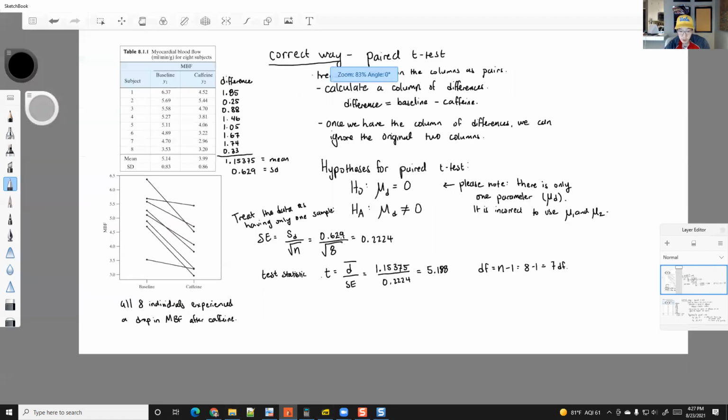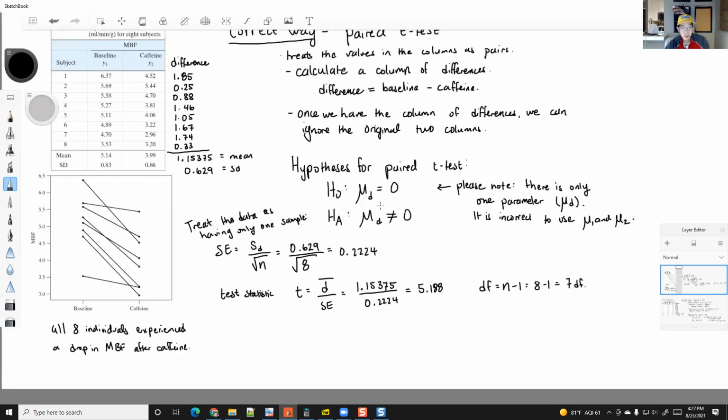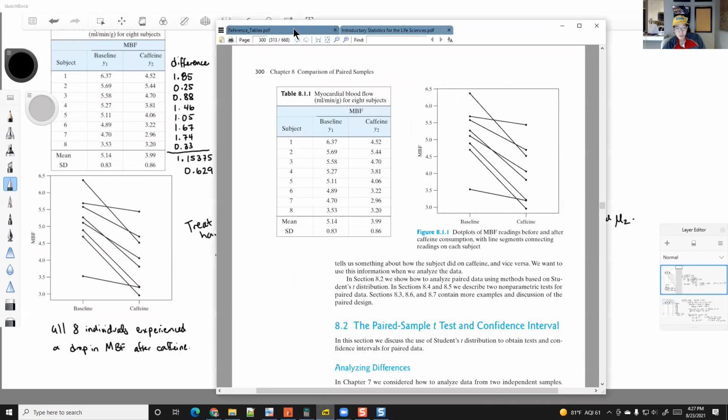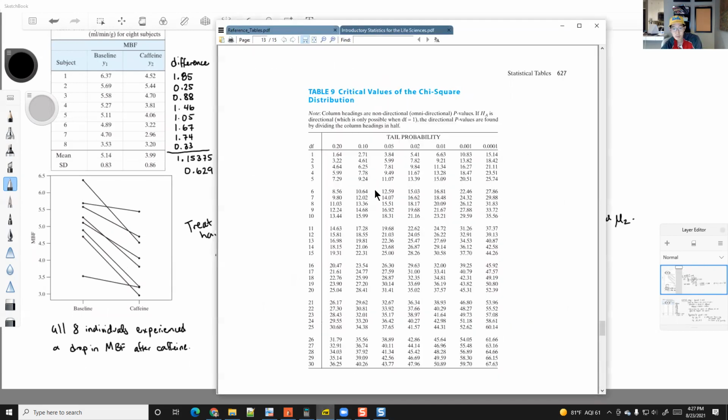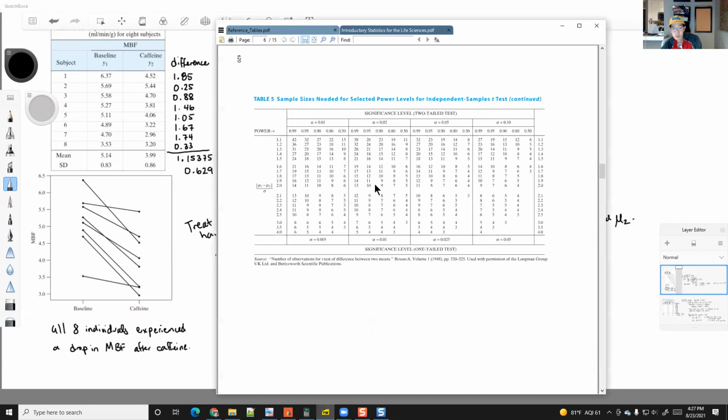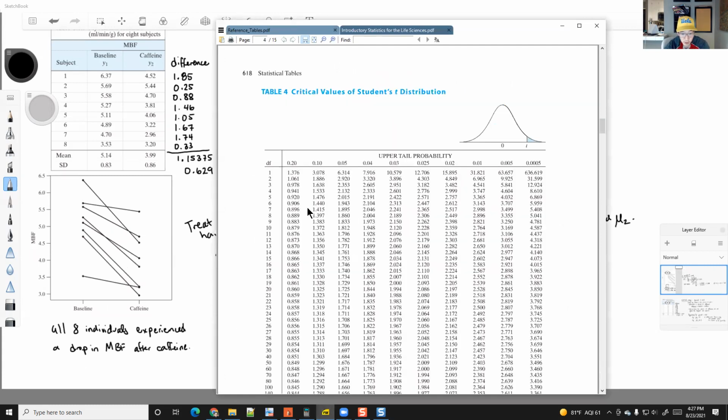Okay, so we'll go to the t-table. We'll look at 7 degrees of freedom. We'll look up 5.188, and we're between these last two columns, 0.005 and 0.0005.